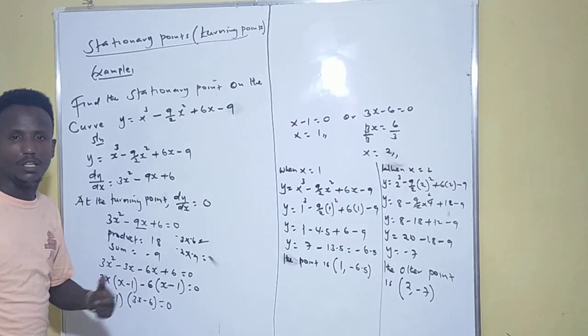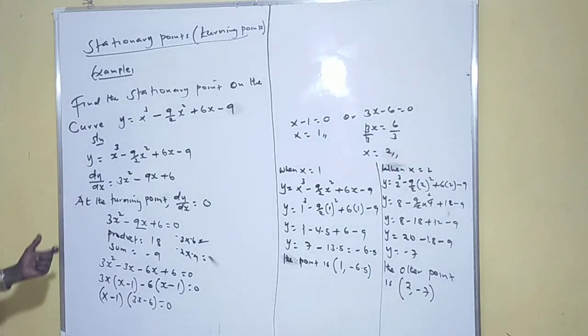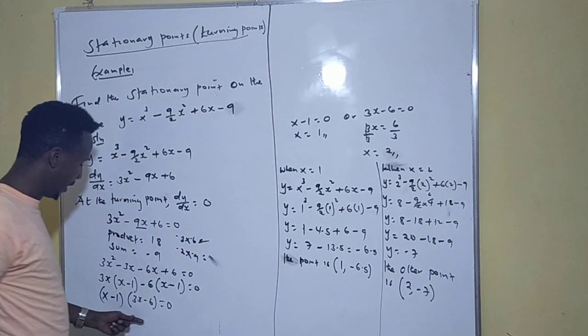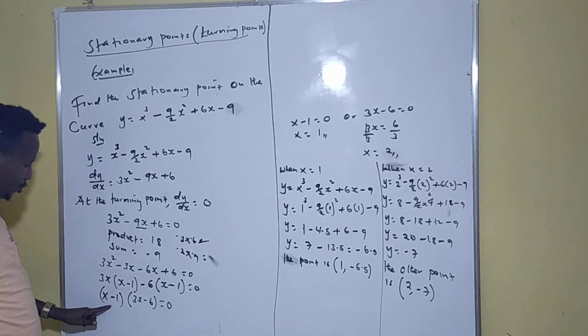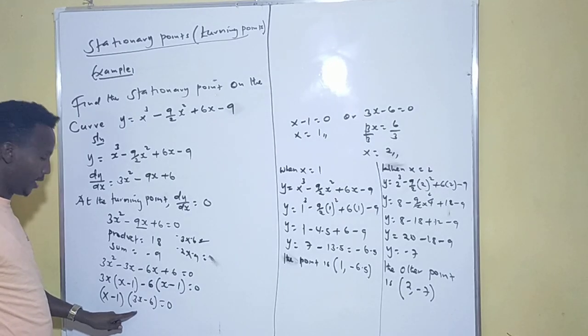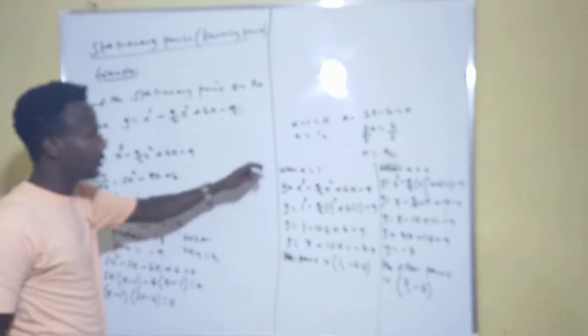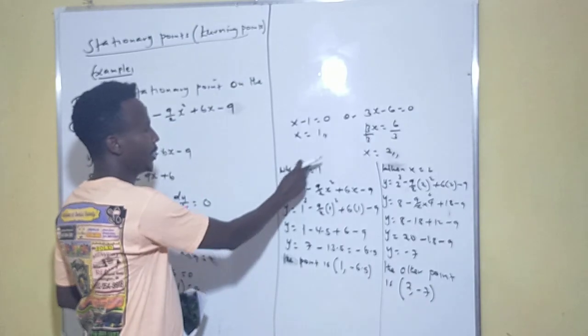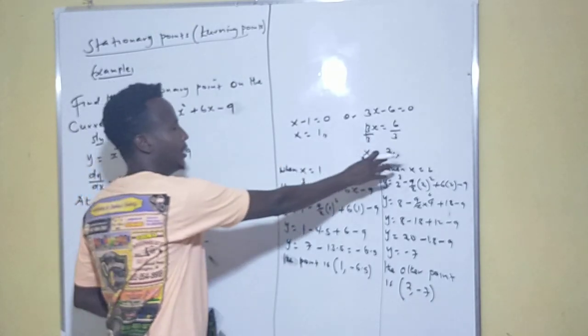Then this will lead you to get the values of x. If it's quadratic, you will have more than one value. So one time you say this one in the bracket is equal to 0, another time you say 3x minus 6 is equal to 0, to get the respective values of x for the turning points. One time we have gotten x as 1 and the other time as 2.